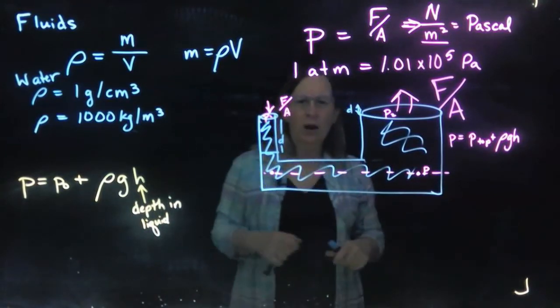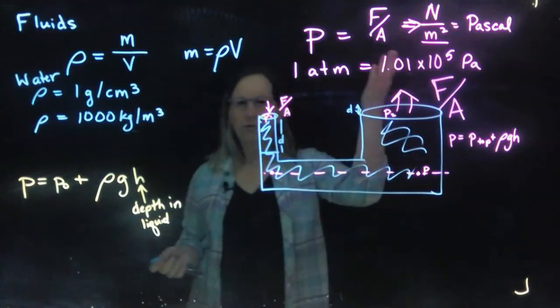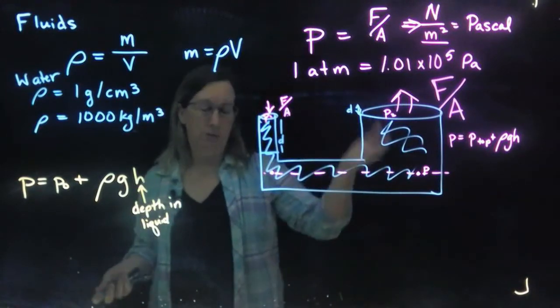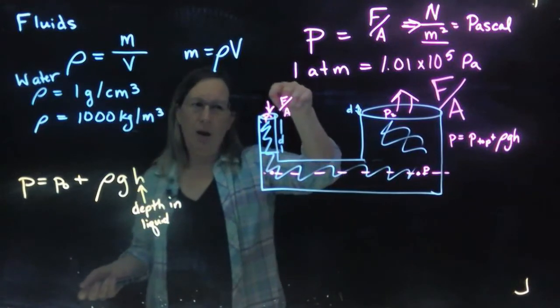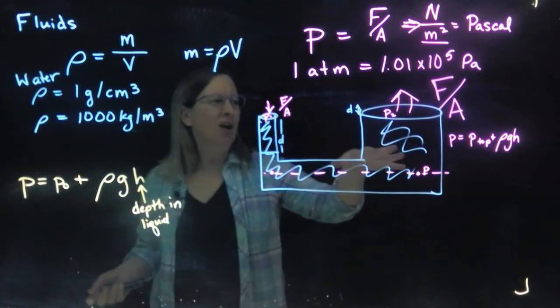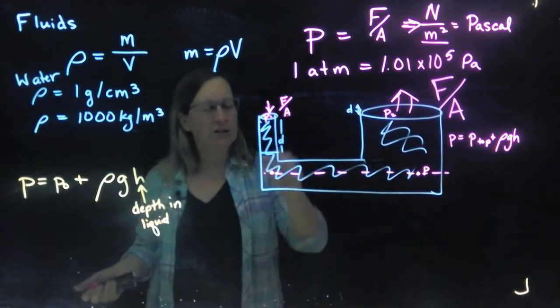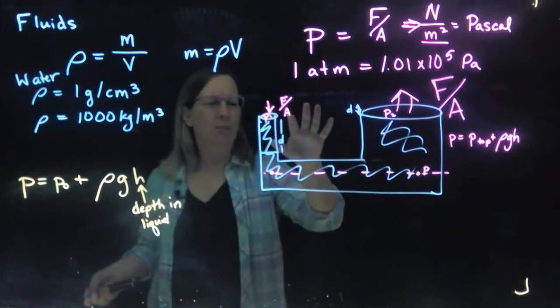But that's the way hydraulic lifts work, and that's what we use to, say, lift up cars or heavy machinery, right? We apply not a very big force here over a small area, which then lifts the car. And even your handheld jack sometimes is a hydraulic lift setup.